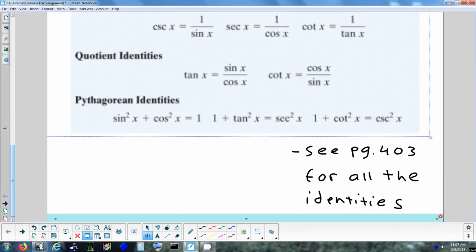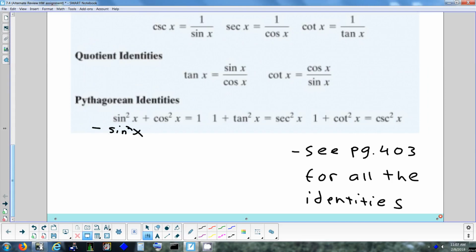Also, I want you to keep in mind that you can rearrange these identities. Just like you can take the formula distance equals rate times time, and you could say distance divided by rate equals time. That's not a different formula. It's just the same formula, and you've moved stuff around. Well, I could take sine squared plus cosine squared equals 1.